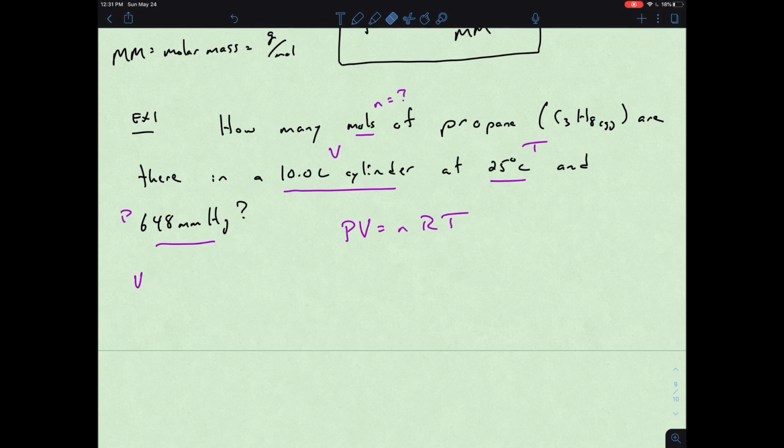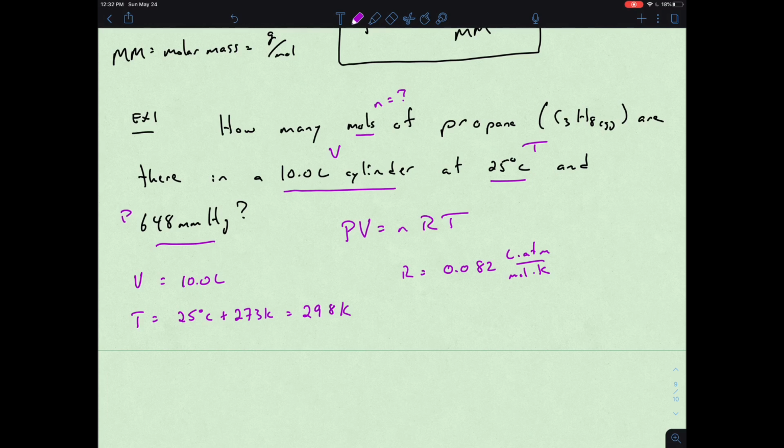So our volume here being the 10 liters, our temperature, remember we have to be in terms of units in Kelvin, so we have the 298 Kelvin. Remember our R is the constant, and that's why it's so important to look at the units of the constant, right? Because we have to be in those units in terms of liters, atmospheres, moles, and Kelvin.